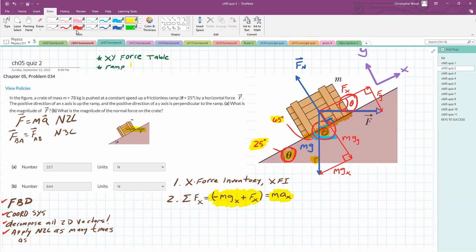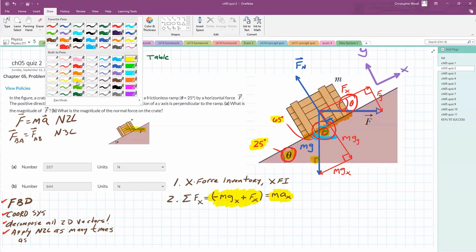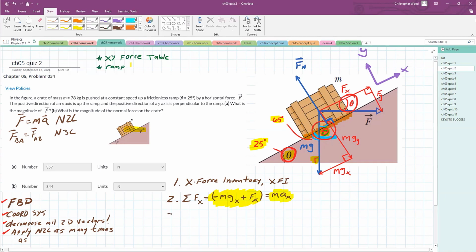So here's the next recipe item. Before we move on, let's keep hammering on this Newton's second law to see where it takes us.